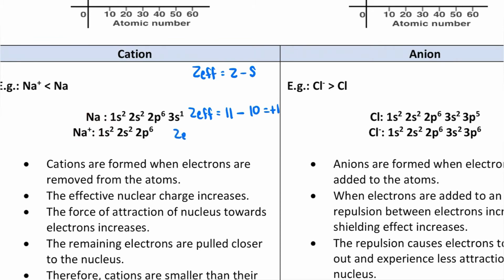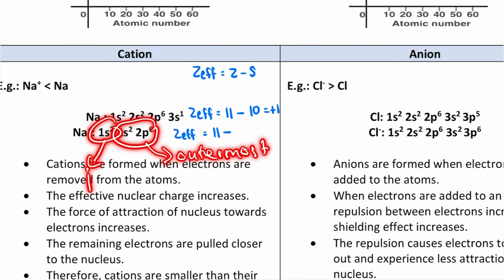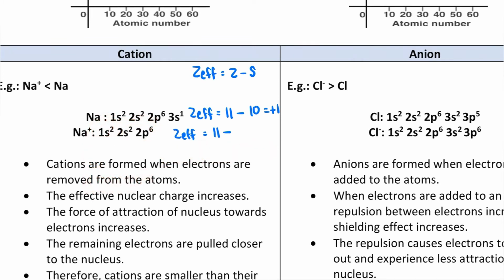For sodium ion, let's calculate. The proton number is still the same, which is 11. But now we need to determine the inner shell. There are only 2 shells right now, so shell 2 is the outermost shell. The inner shell is automatically the 1s. So 11 minus 2 electrons, and the effective nuclear charge is plus 9.